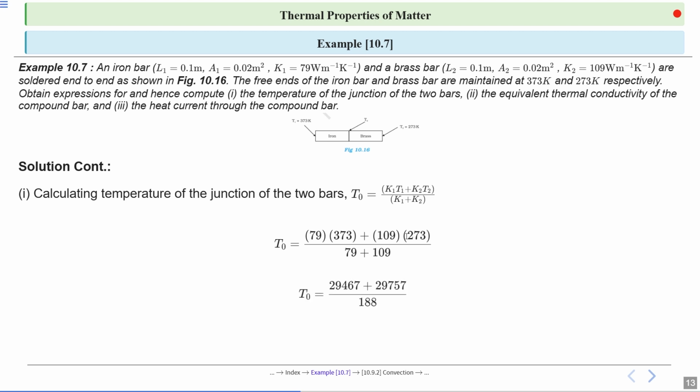So multiplying and adding, you will get 29467 plus 29757, divided by 188. Solving this expression, you will get T naught is equal to 305 Kelvin. It means we can say the temperature of the junction of the two bars is equal to 315 Kelvin.